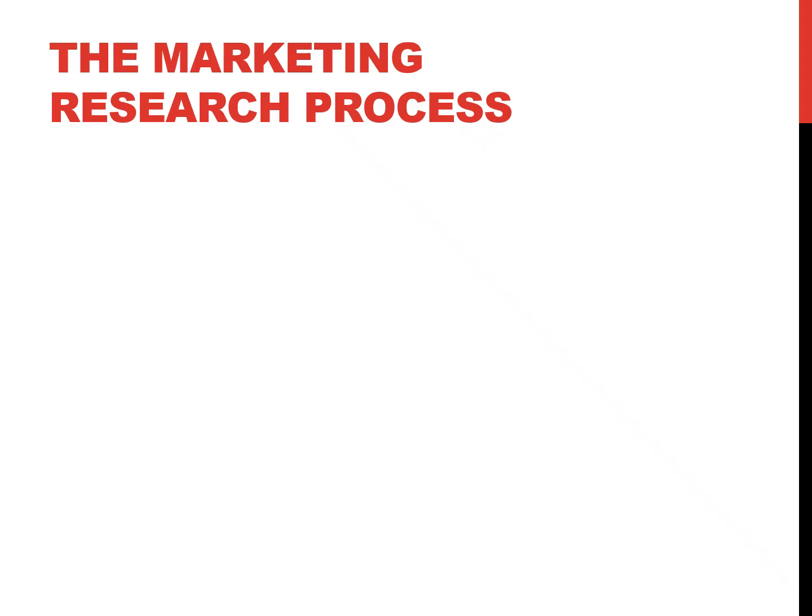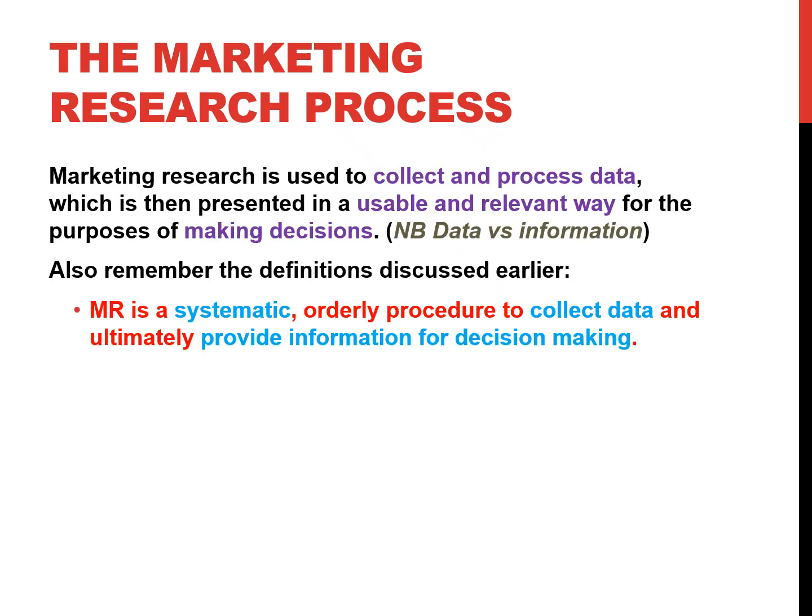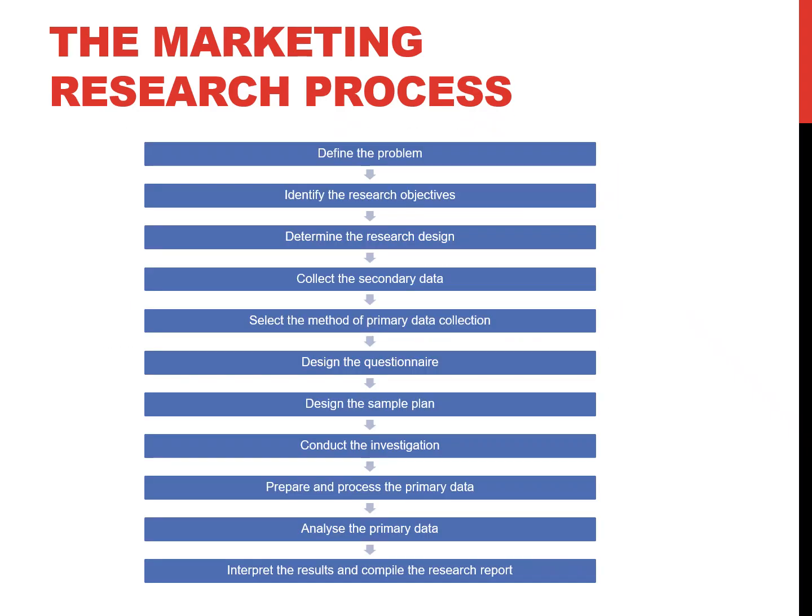And I've just highlighted the definition there. Importantly, it's systematic, so it's not an ad hoc thing which one does to collect data and ultimately provide information for decision making. Now, what I've got here is just a broad overview of the marketing process. The next slide.